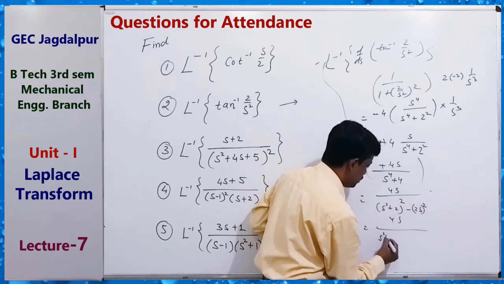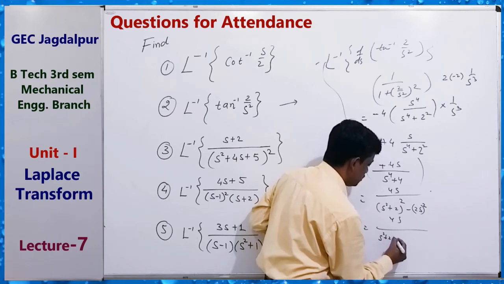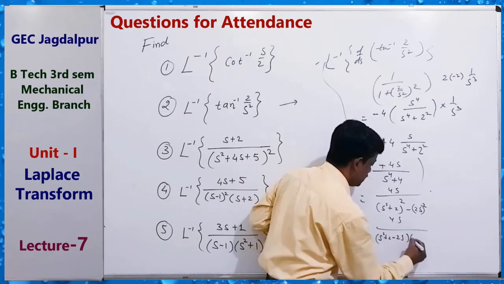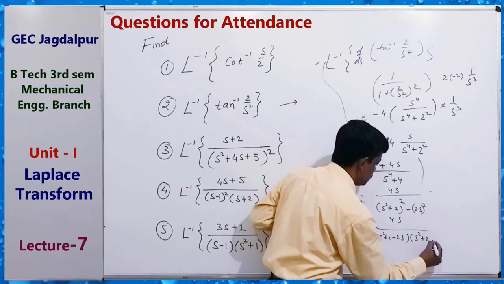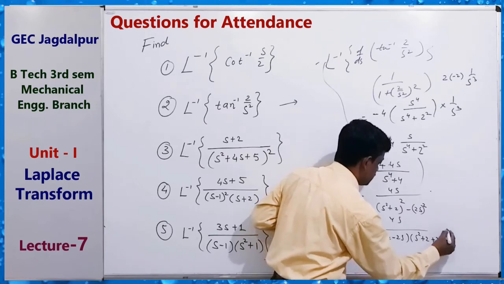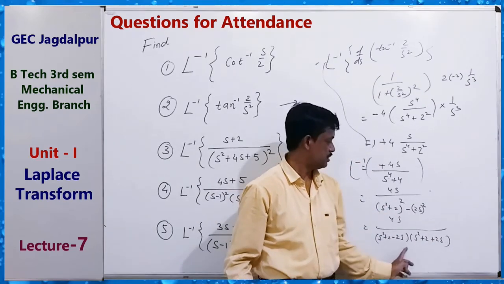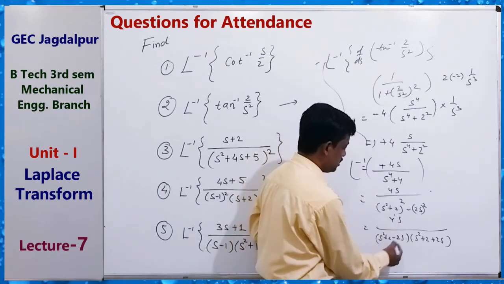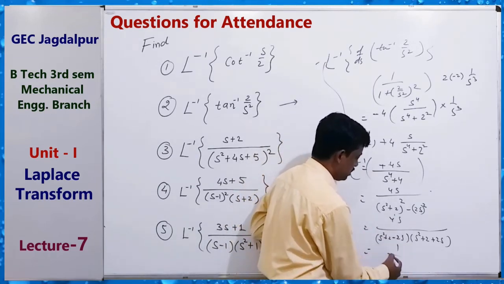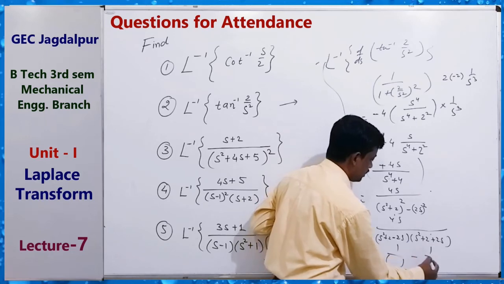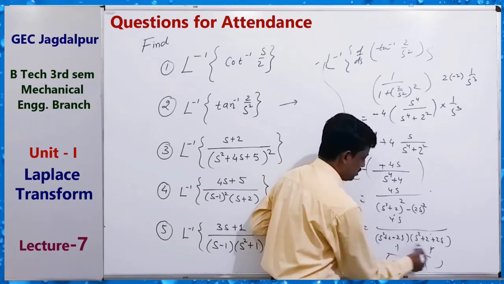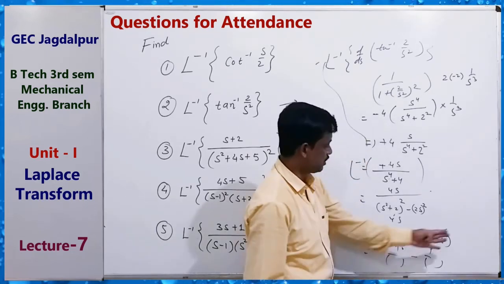So s square plus 2 minus 2s, s square plus 2 plus 2s, that is a square minus b square, a minus b, a plus b. So this upon this can be separated as 1 by this factor minus 1 by this factor, and adjust the upper side. Then you can separate it.